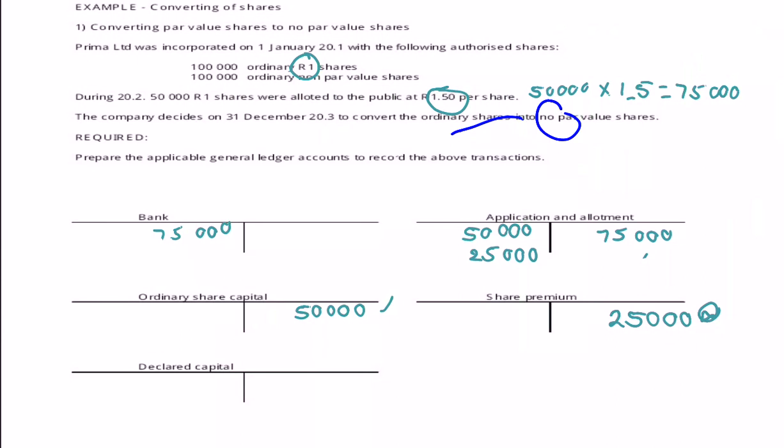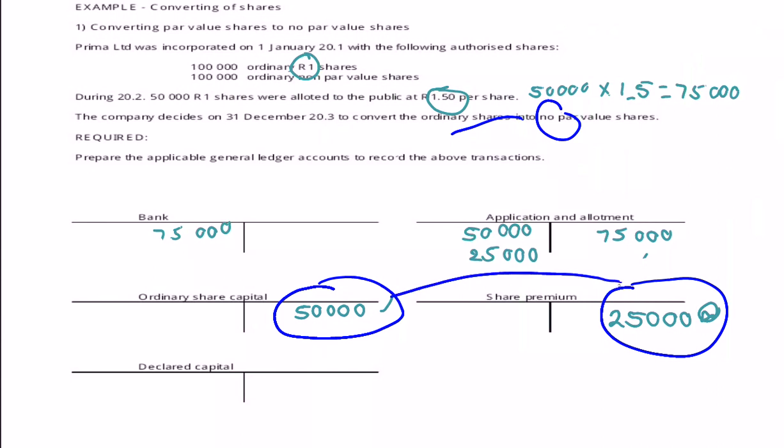It means I take my total amount of ordinary share capital, which is my 50,000 of the par value, and the 25,000 Rand that's lying in the share premium account, and I convert it to no par value shares.